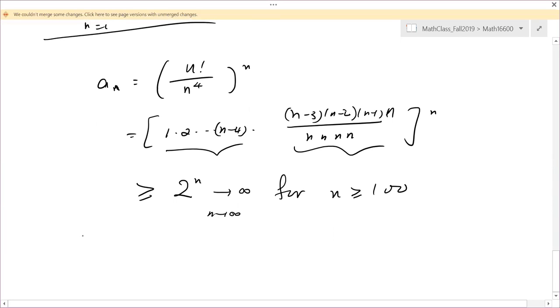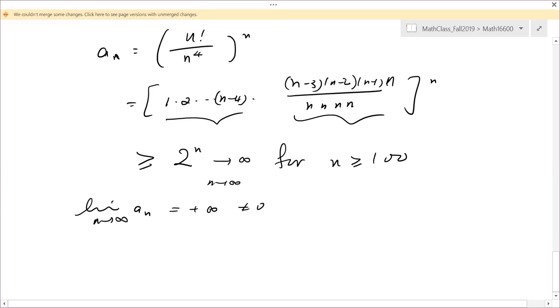Then the limit of a_n is going to be infinity, which is not going to be 0. So it's divergent by the nth term test for divergence. You have to say that. You cannot just say divergent.